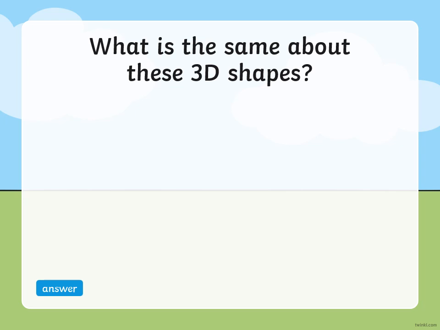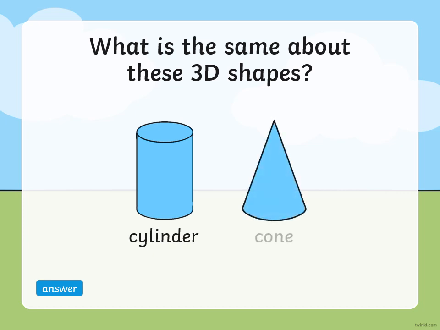Let's take a look at what is the same about these 3D shapes. Right, we've got the cylinder and a cone. What do you notice that's similar about these shapes? Perhaps we could look at their edges. What do you notice? That's right, they both have one curved surface.